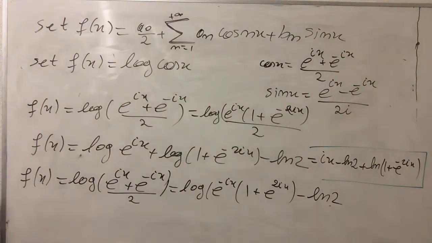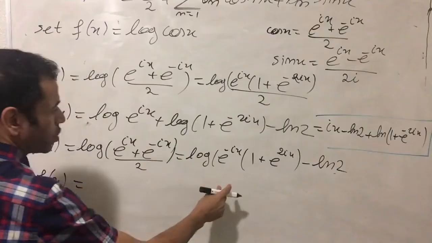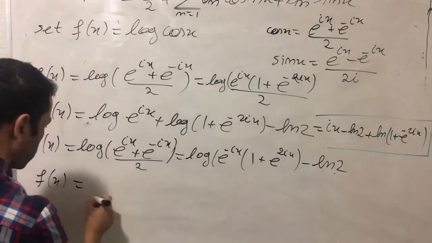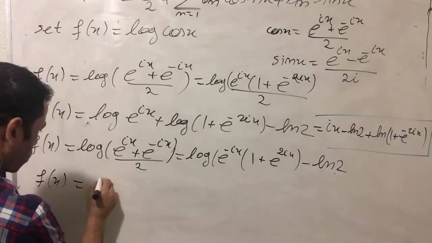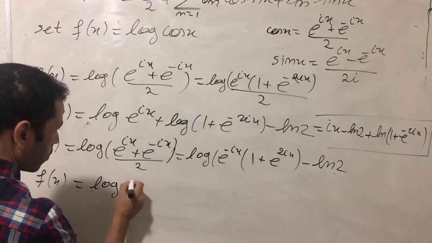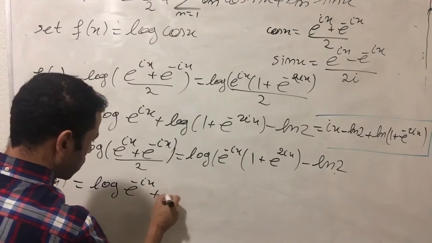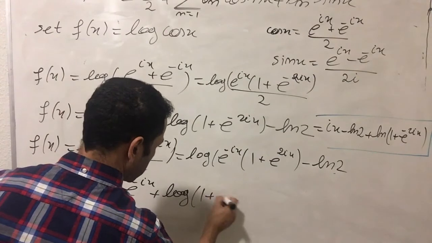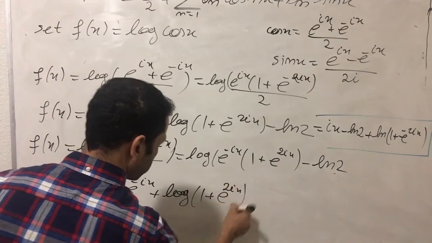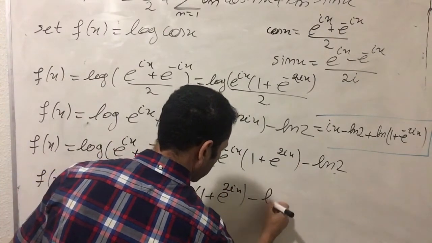So f of x equal to, let me simplify this. This is given as natural log of e to the minus ix plus natural log of 1 plus e to the ix minus natural log of 2.